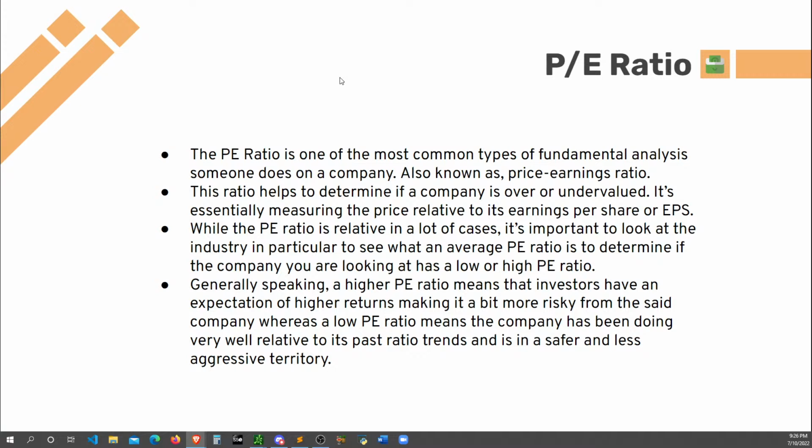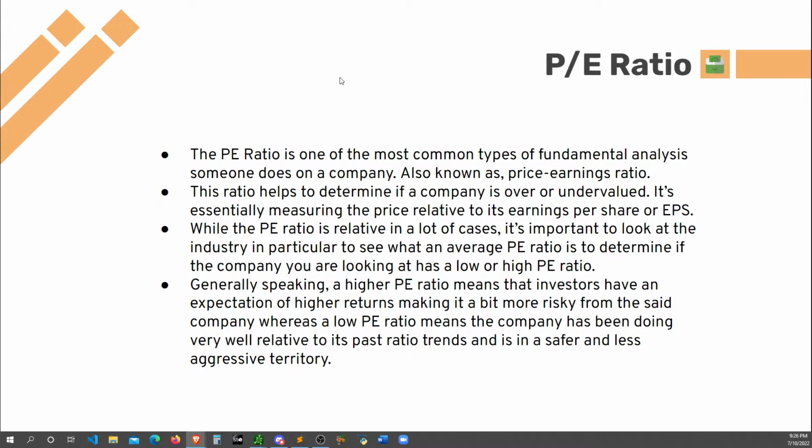So generally speaking, a higher PE ratio means that investors have an expectation of higher returns. So this is going to make it more risky. When you use PE ratio, again, it does measure if it's over or undervalued, but if you want to get specifics on that, you have to look at intrinsic value. But if you want to get a generalization of it, the PE ratio does the job.